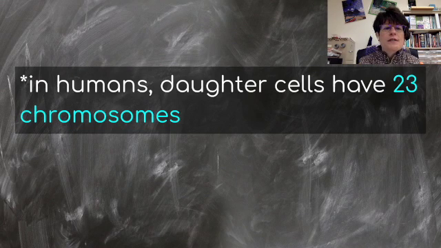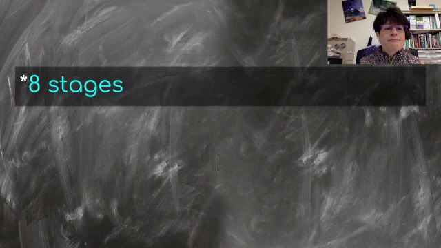And in humans, daughter cells have 23 chromosomes. The reason for this is because when egg and sperm then come back together, you have your full 46. If the number wasn't cut in half, it would always double each time that there was sexual reproduction with organisms.